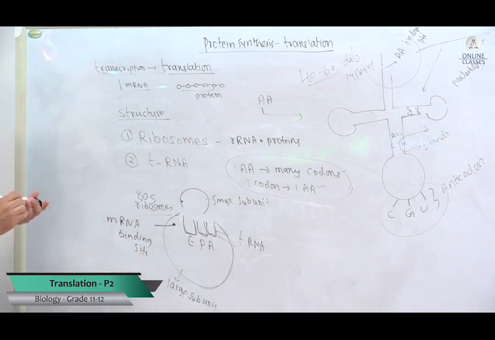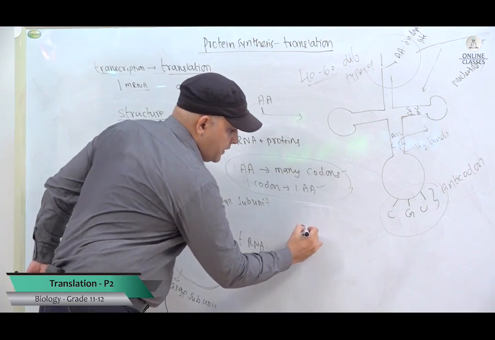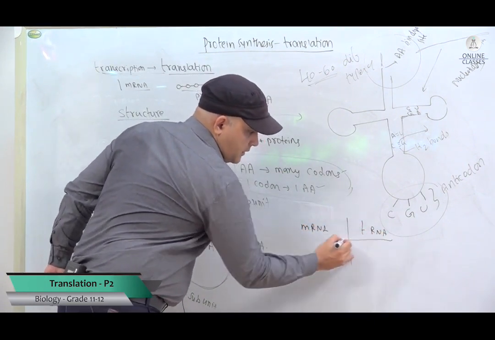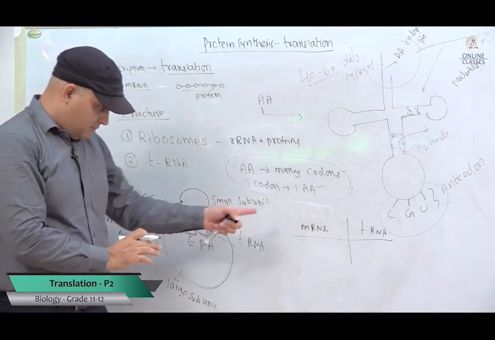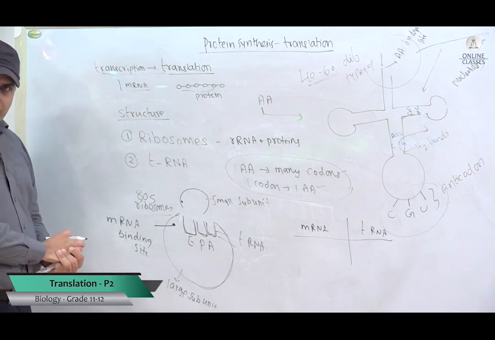Let's say they ask you to differentiate between mRNA and tRNA. That's a very important question. If they ask you to compare, you can write the similarities as well. Both are ribose nucleic acids.